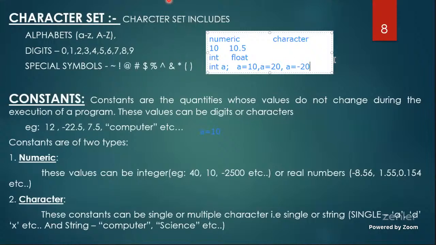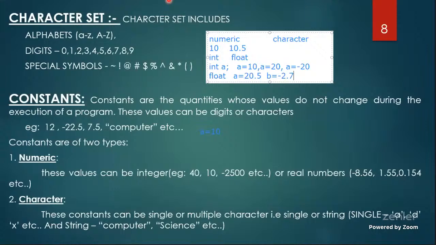Now next, what if I use float? Float means if you want to store a decimal point, that is a fraction, then we use float. For example, a is equal to 20.5, b is equal to minus 2.7. We can store these. It doesn't matter whether it is a negative or positive number.